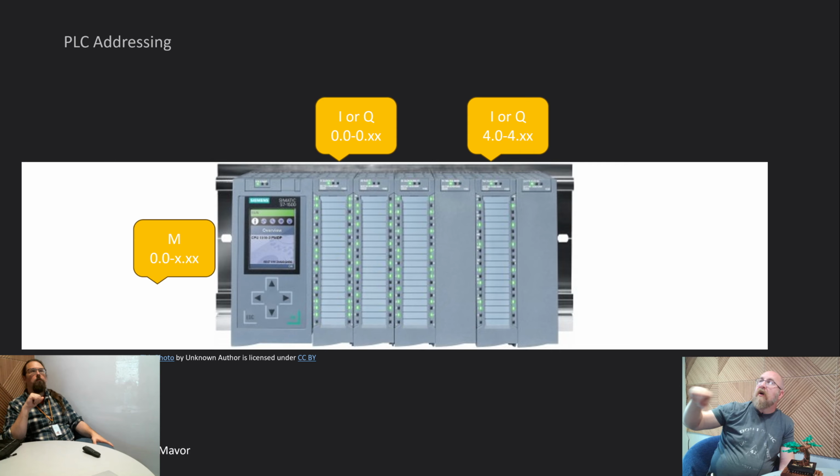You have to be aware with those M addresses that they are all a shared registry. So when you use one that has a different modifier, like MD is for integers. Yep. MW is for floating points. Yes.